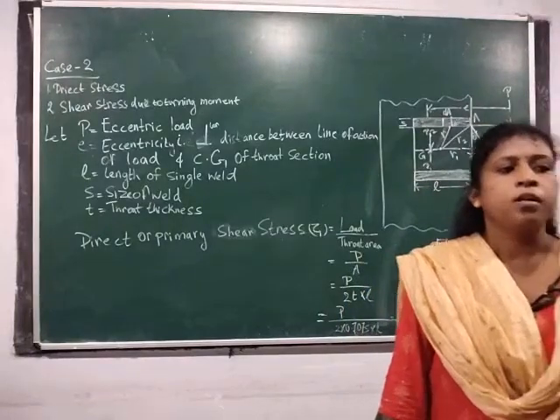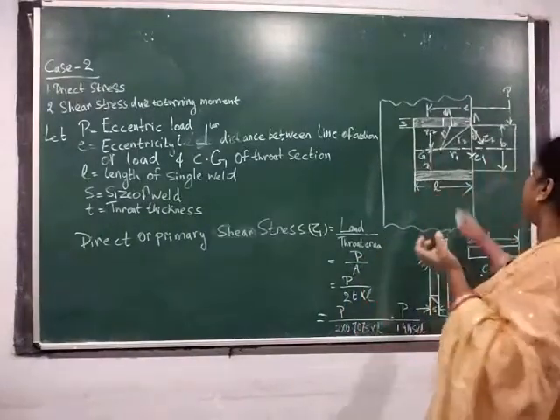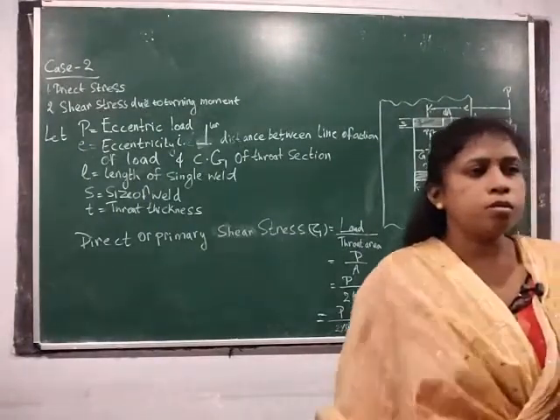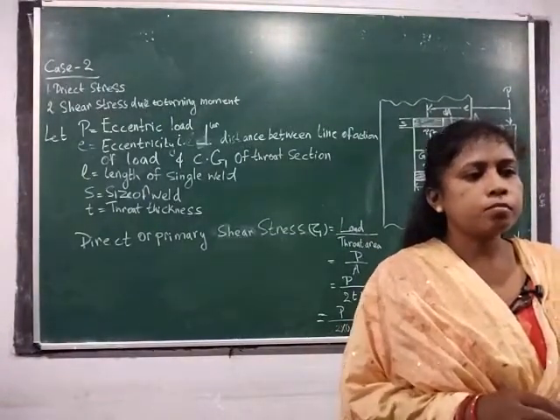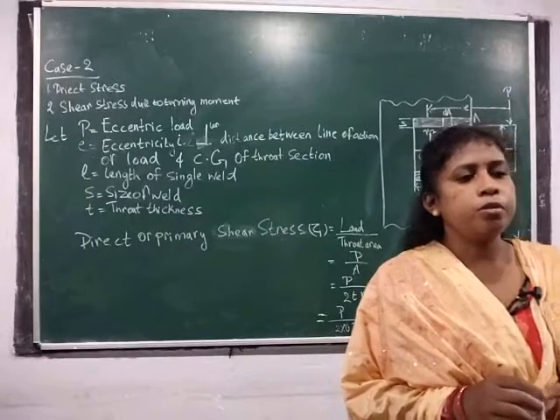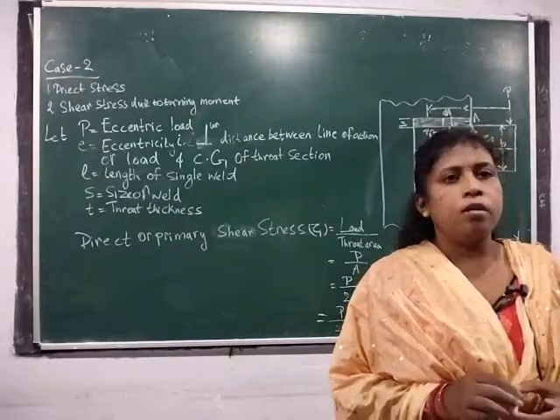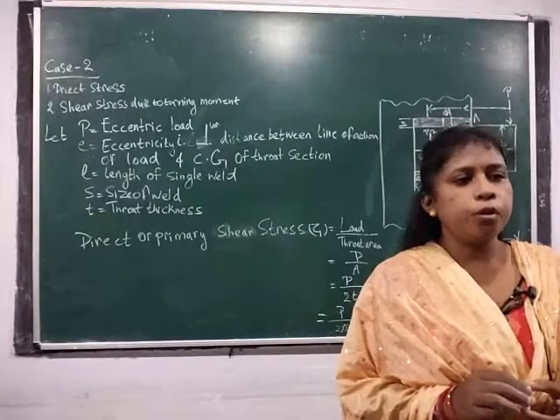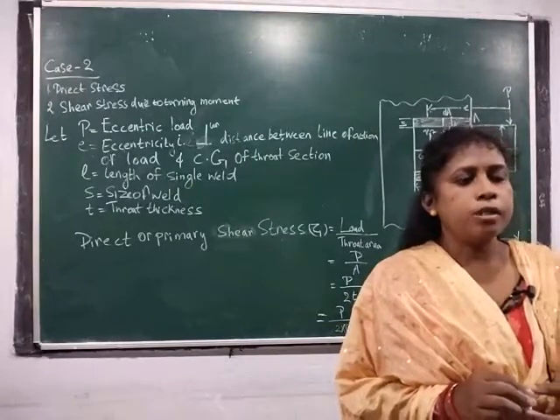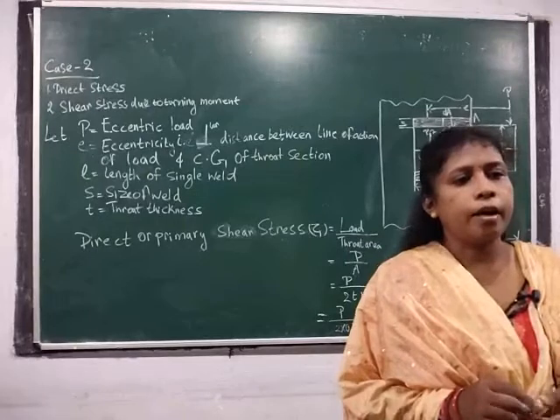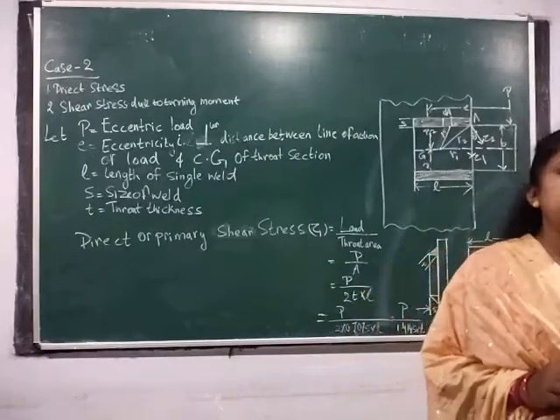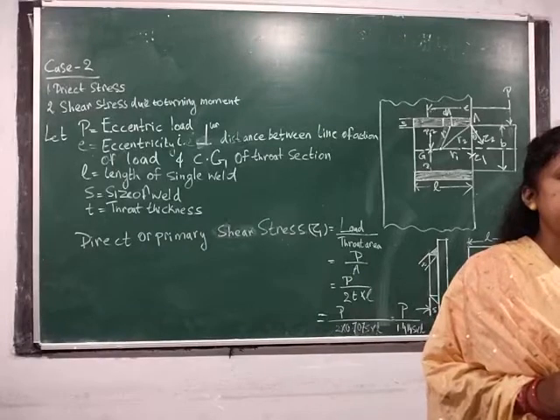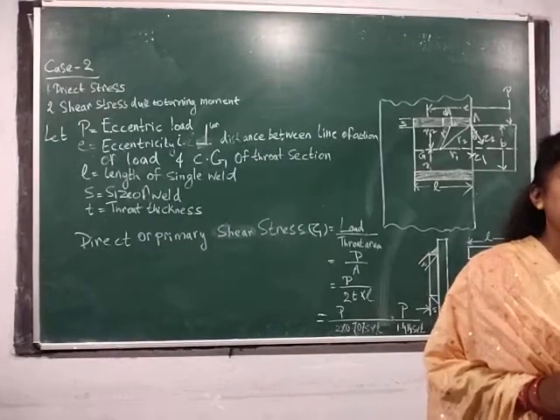Next, the effect of force P2. The effect of force P2 is produced by a turning moment, that is P into E about the center of gravity, and due to this turning moment we have a secondary stress, shear stress. So let us see.